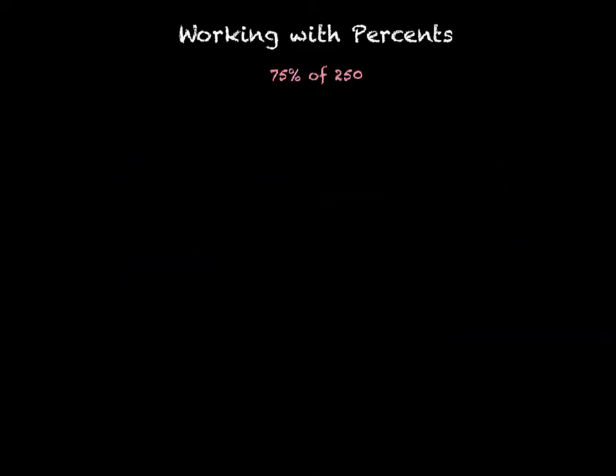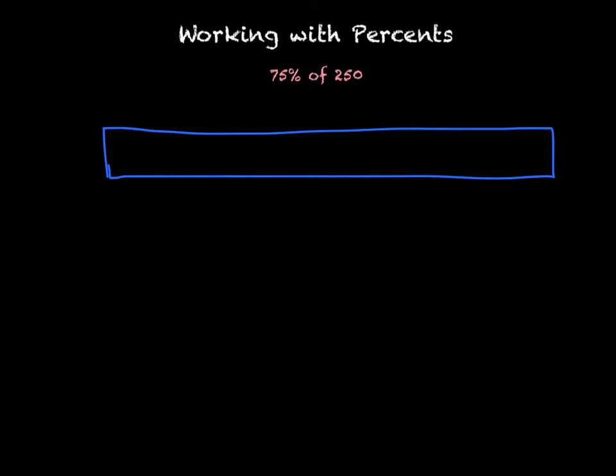Second way that I wanted to show you is to use the percent bar. A percent bar is drawn just as a bar. And if we're finding 75% of $250, at one point of the bar, I'm going to put percent. So 0% and 100%.